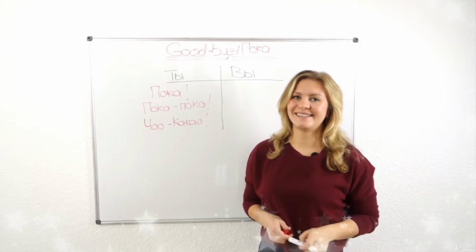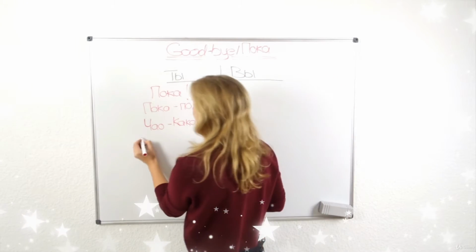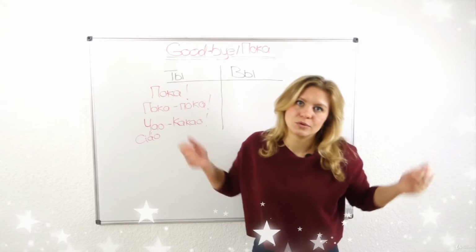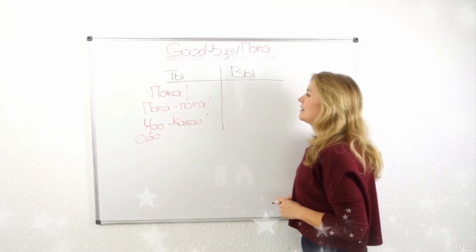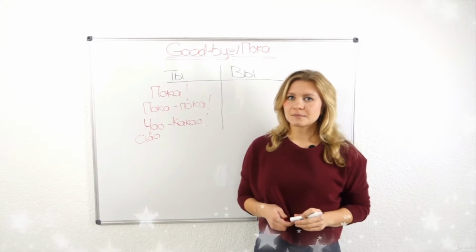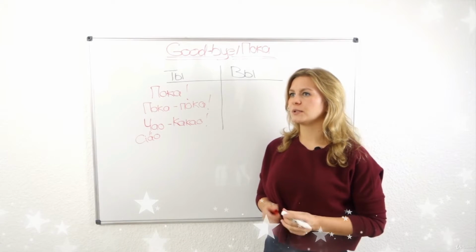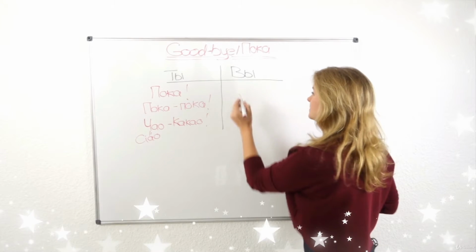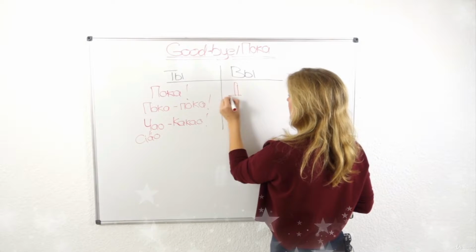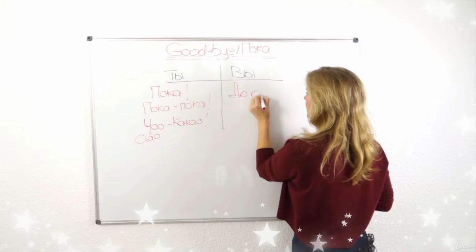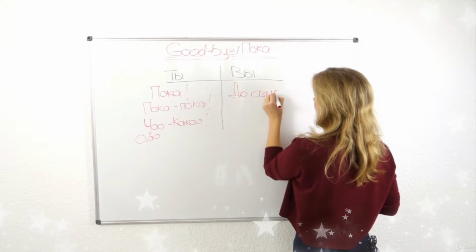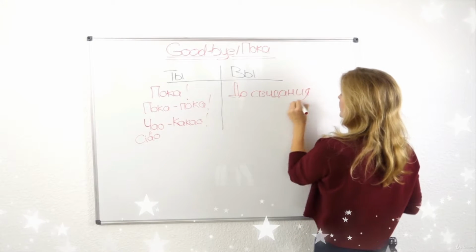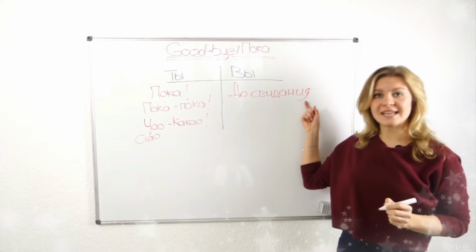Ciao, cacao. Ciao is basically coming from Italian ciao, and cacao, you obviously know. For the formal form we usually use in most cases just one expression, до свидания.